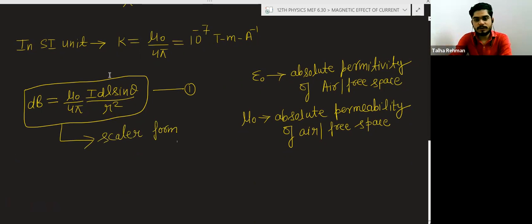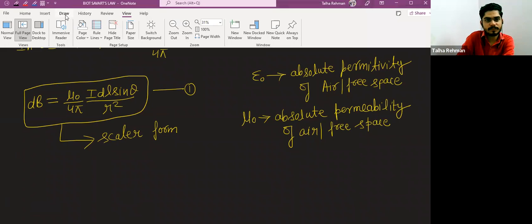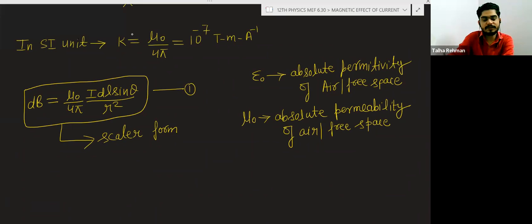Now, in vector form, how will you write this? Like we did Coulomb's law, first we derived Coulomb's law in scalar form, and then the derivation in vector form. Like this, first we derived the Biot-Savart law in scalar form, and now I am writing it directly in vector form.